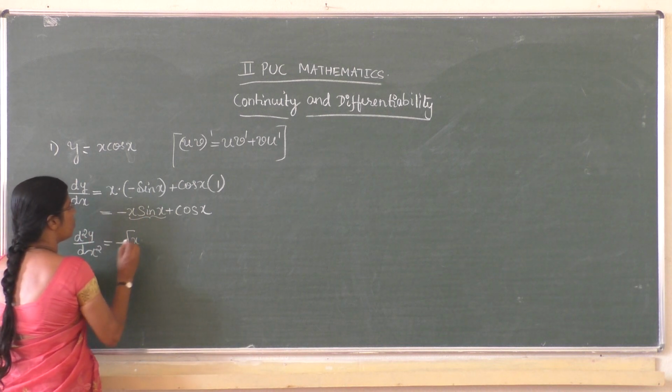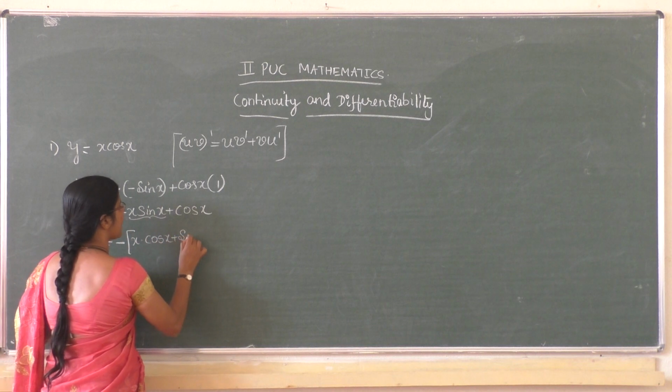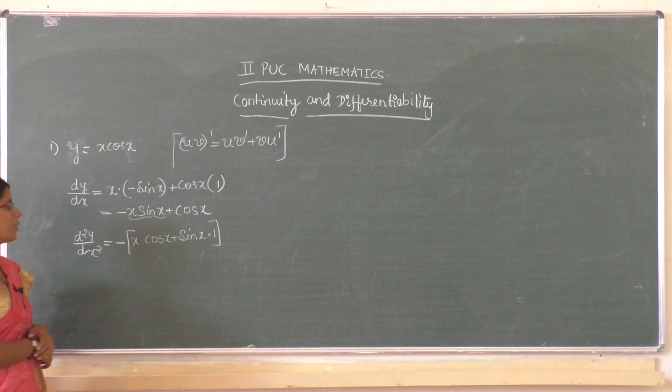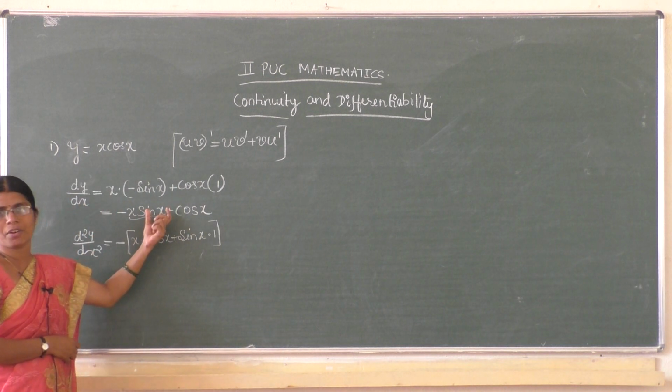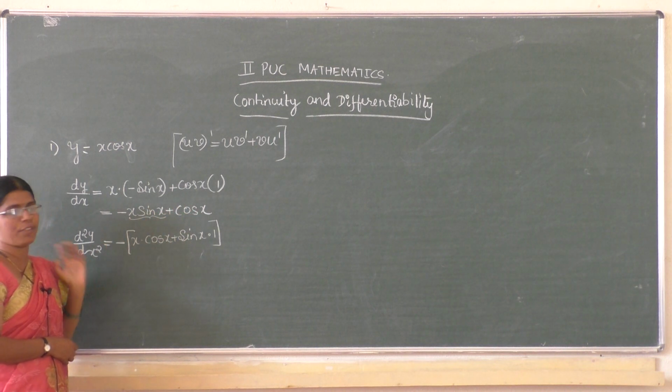So x into derivative of sin x is cos x plus sin x into derivative of x, that is 1.